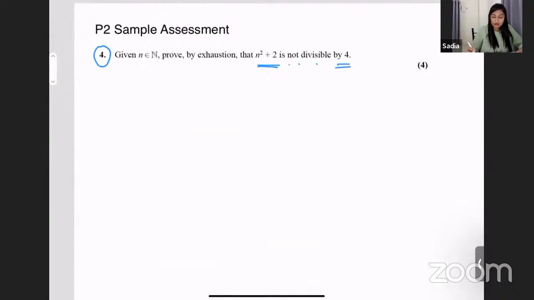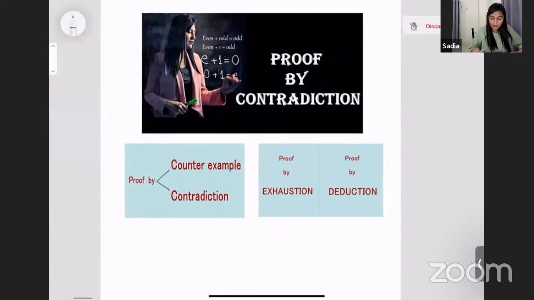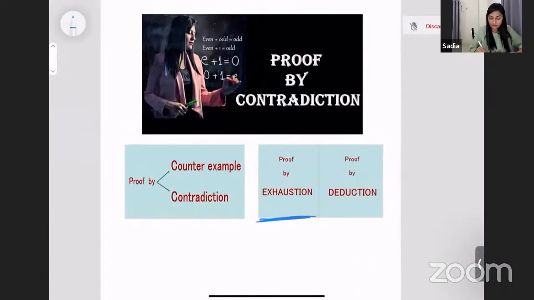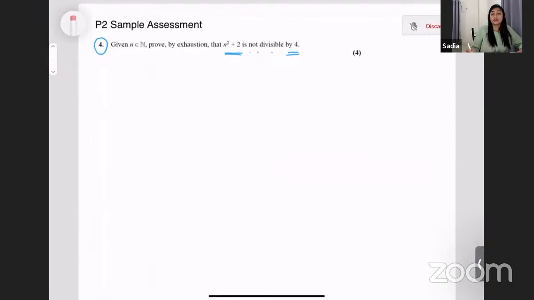I have solved this in the proof by exhaustion video, so you can check out the solution from that video. I will be adding the link in the description box. Since they didn't mention any specific range of values of n, no specific restriction, I have used 1 to 10 in that solution video.